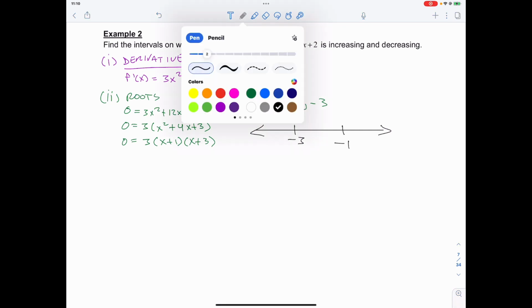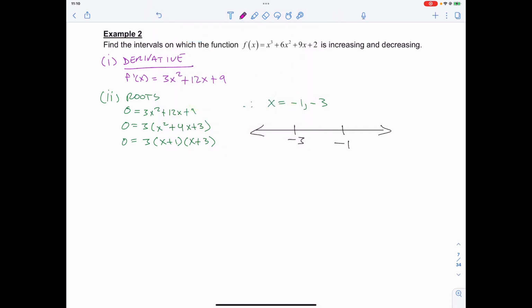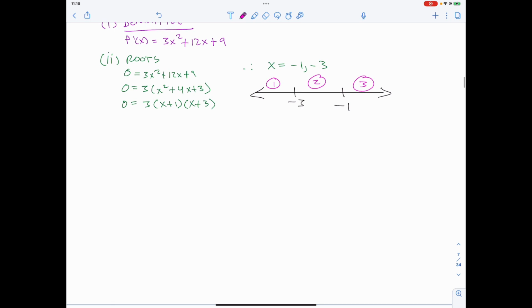I can use my number line to indicate that I have 3 intervals here: when it is less than negative 3, when it's in between negative 3 and negative 1, and when it is greater than negative 1. And I'm going to apply that to my chart. What am I going to have? Well, I'm going to have 3 intervals.